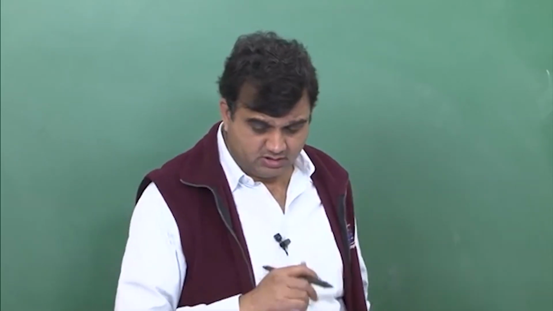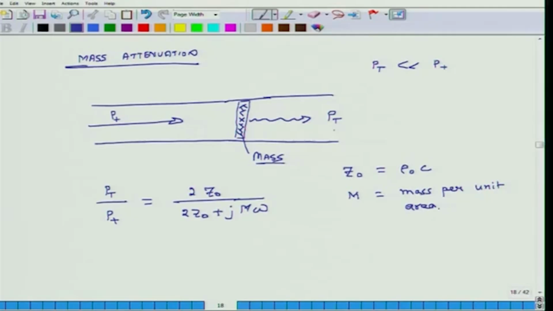So that is mass per unit area. And omega is equal to 2 pi F. Or I can also express this in a different way, which is 1 plus J times M omega over 2Z0. This is another way.